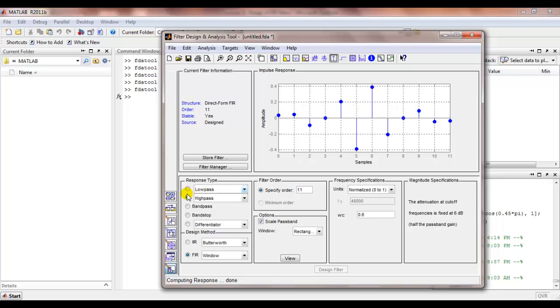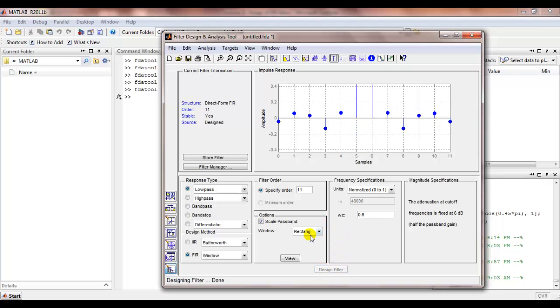Now if I keep everything the same, but I move to low pass, and I want a low pass filter. Now, a type 4 FIR filter is not a good option for a low pass filter. So which filter will MATLAB now give me? A type 2, which means that it has to be now symmetric instead of anti-symmetric. It will now be symmetric around 5.5.